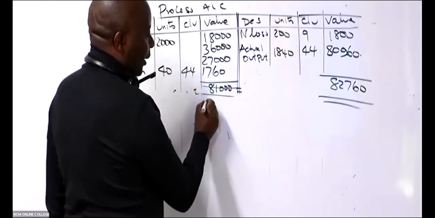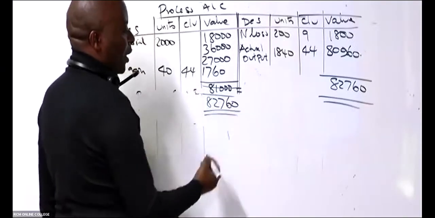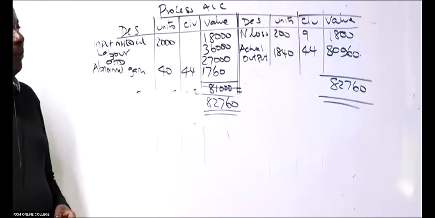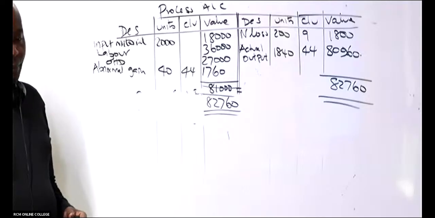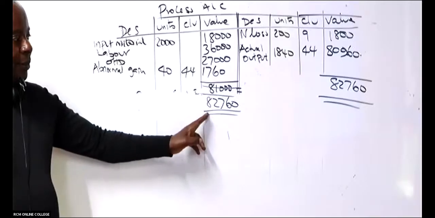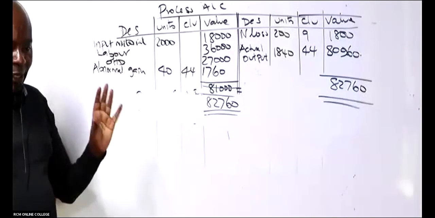It has also to be 82,760. You rub it professionally. Is it coming to 82,760, somebody? Yeah, thank you so much. Your process account has agreed.